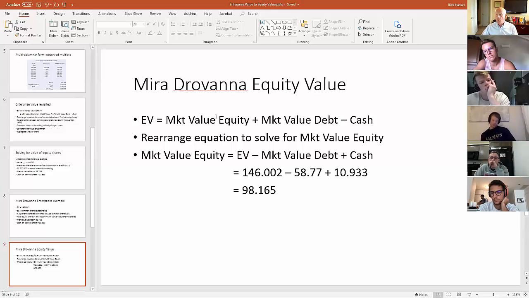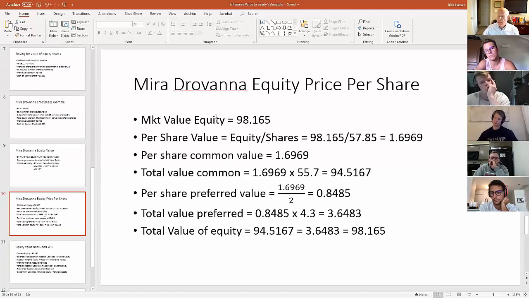So we have a number that we can divide that by to get to a per share value. So as we go a little bit further then, we can take the 98.165. We know that that's all of the value of equity, and we also know that we have all of the equity shares on an equivalent basis of 57.85, which means we've got $1.69, almost $1.70 per share, price per share, or value per share rather, of common stock.